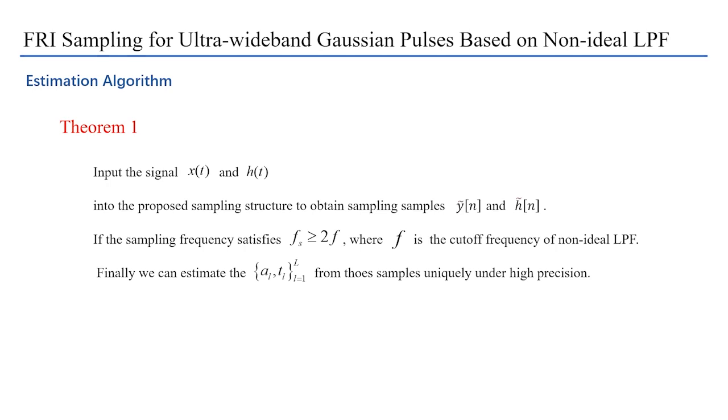If the sampling frequency satisfies Fs greater than twice F, where F is the cutoff frequency of the non-ideal LPF, finally, we can estimate the delay parameter and the amplitude parameter uniquely from those samples with high precision.